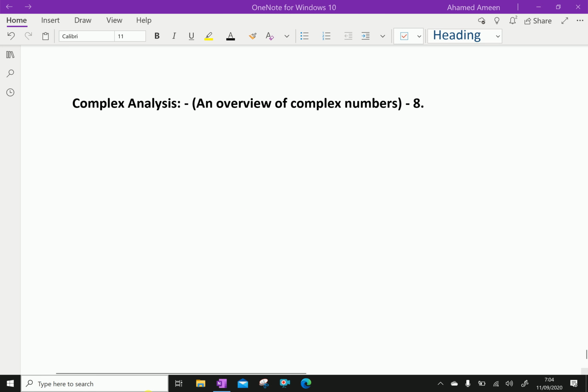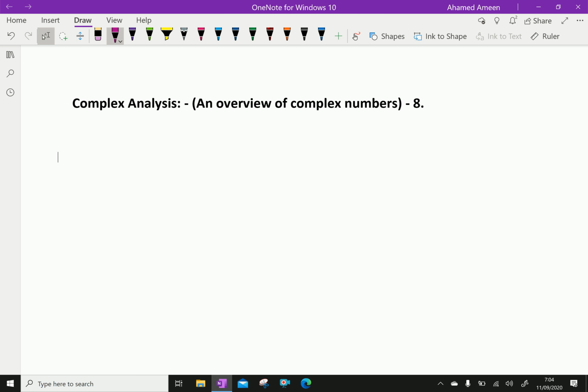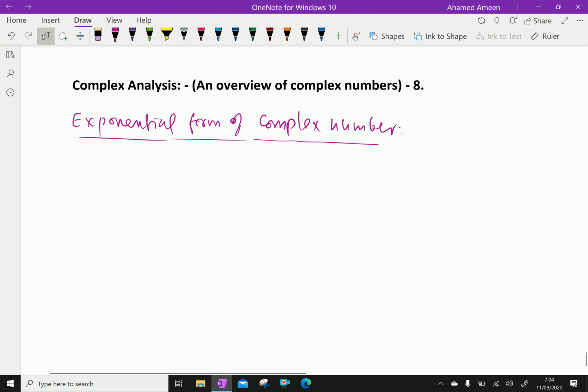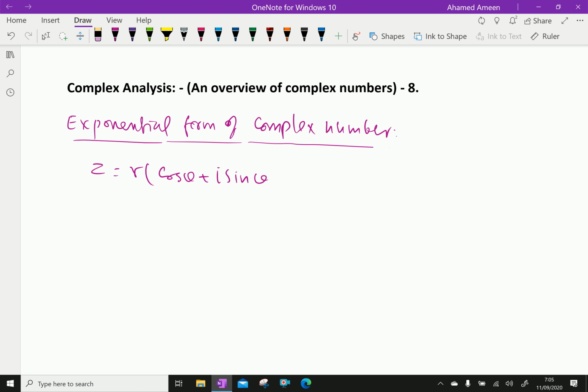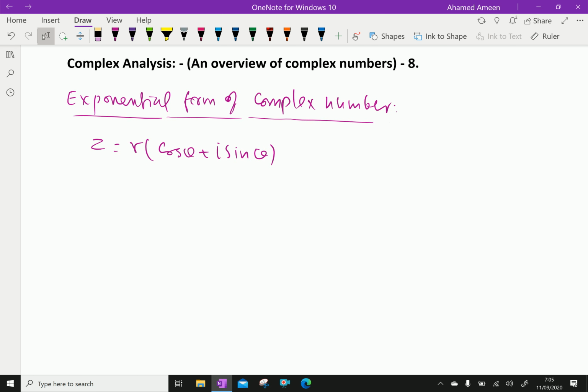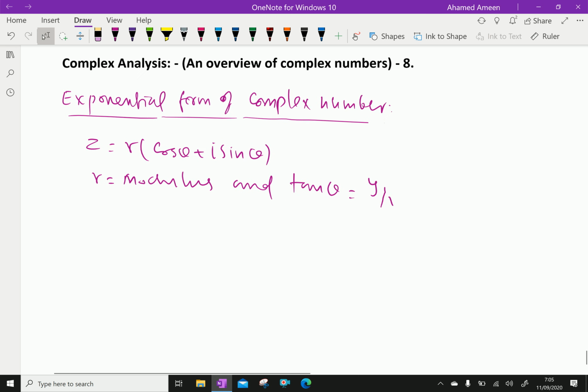Exponential form of complex number. We know that a complex number z can be represented by r into cos theta plus i sin theta, where r is the modulus, and tan theta equals y by x.